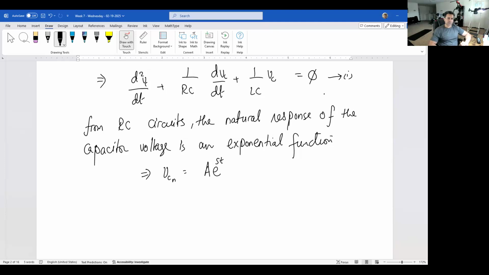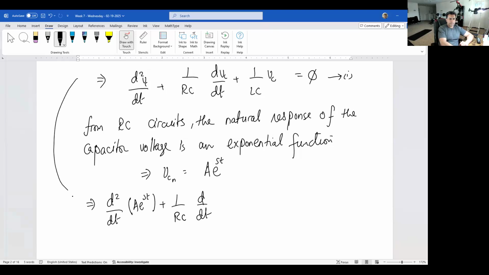If we plug it in equation 1, let's see what we're going to get. By the way, this s that you see, that's a Laplace variable, although we are just taking it right now as a variable. But later on, you will see that this s is the Laplace variable.